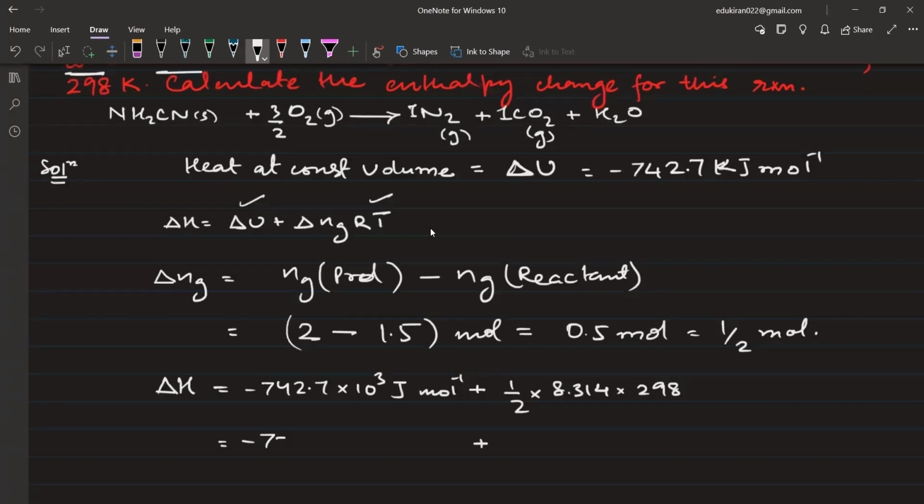This is minus 742,700 joules. ठीक है. And you will get this also in terms of joules only, I think.